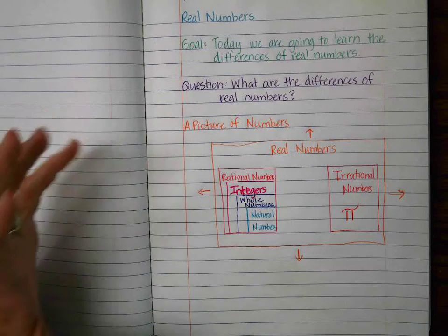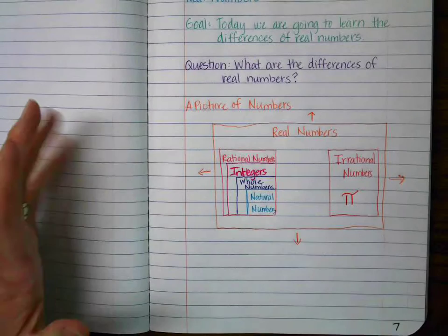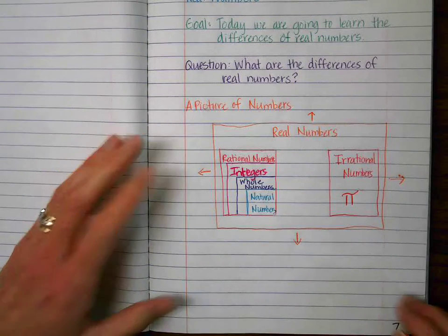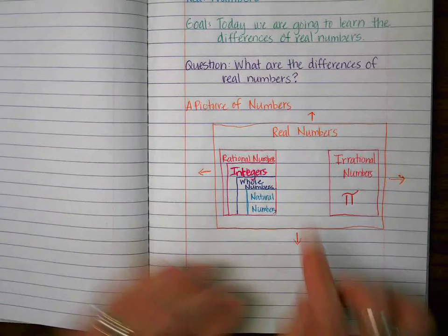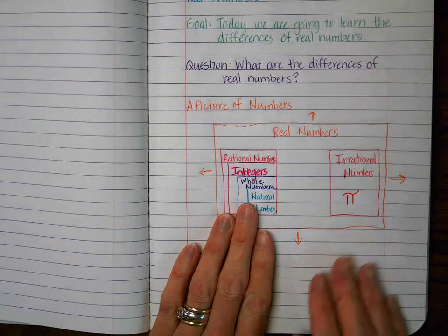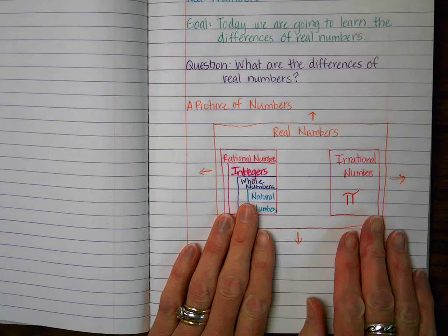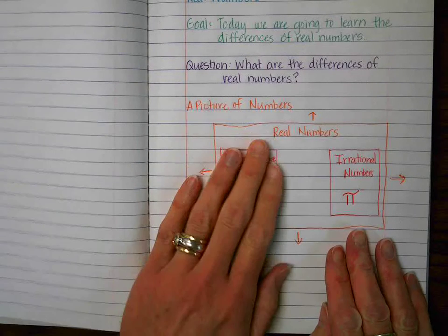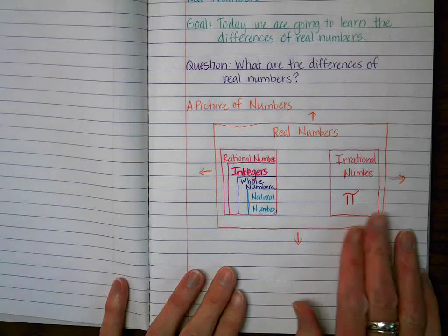So basically what you need to know is mathematicians use numbers all the time. The ones that we focus on in the middle school level are real numbers. Those real numbers are divided into two categories called rational numbers and irrational numbers. Our major focus in 7th and 8th grade math is rational numbers.